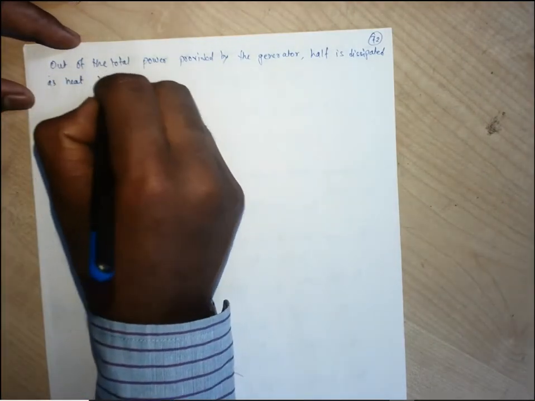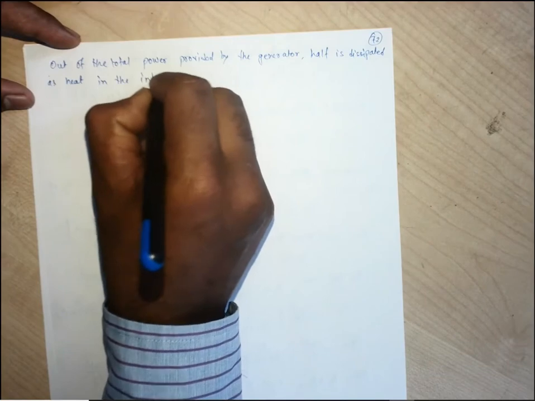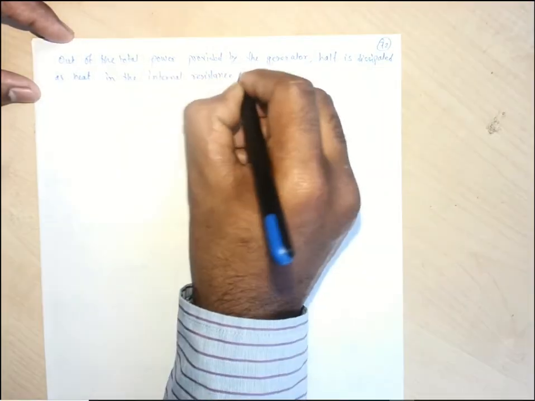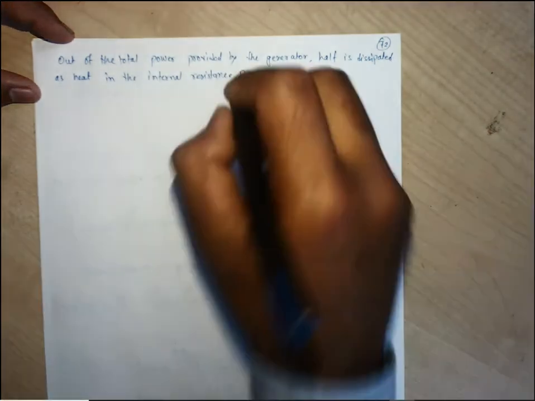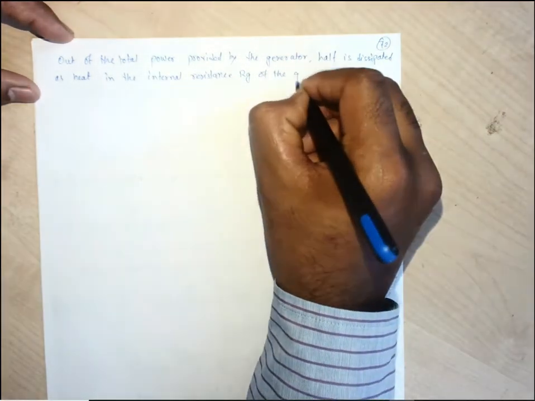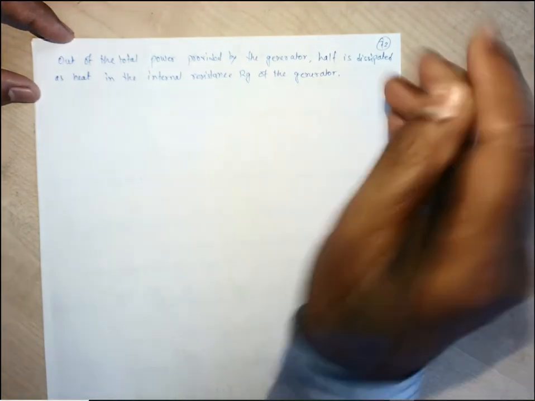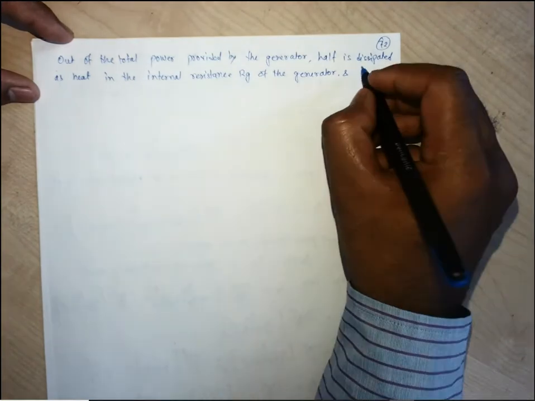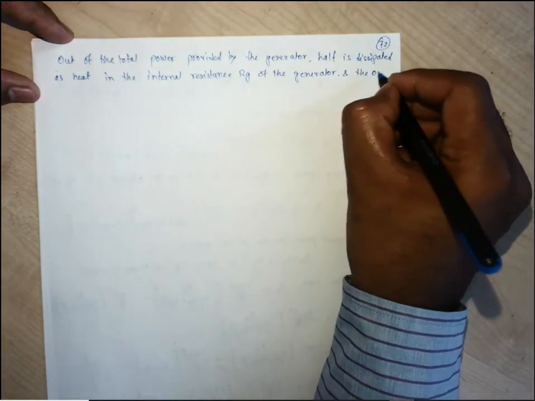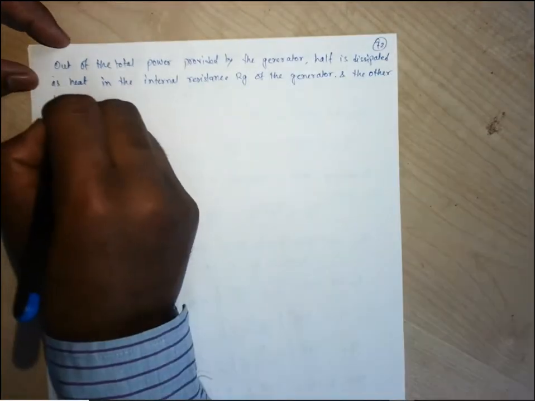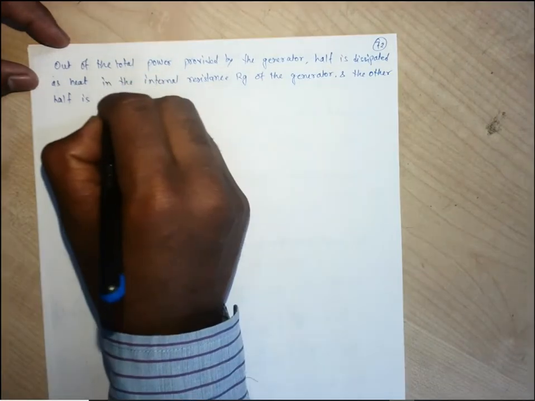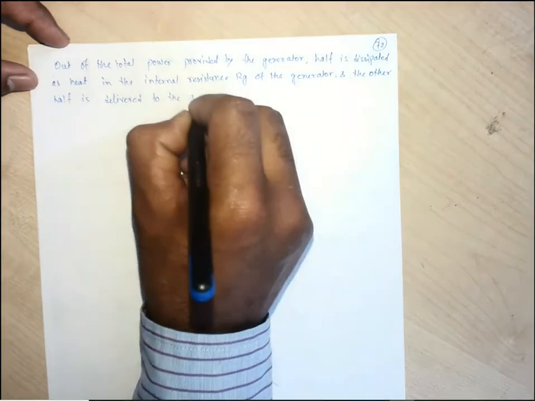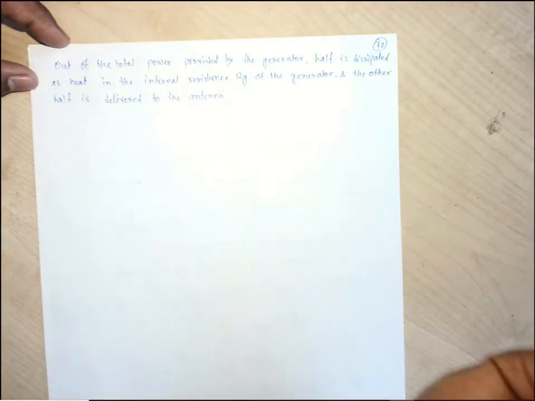in the internal resistance Rg of the generator. Half is already dissipated in the generator resistance, and the other half is delivered to the antenna.